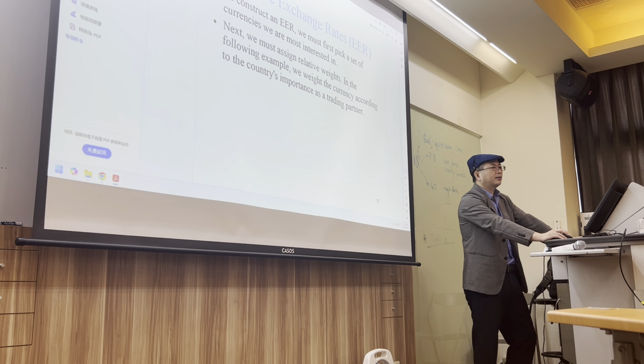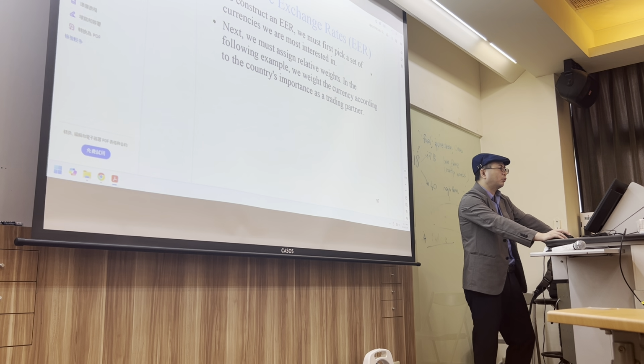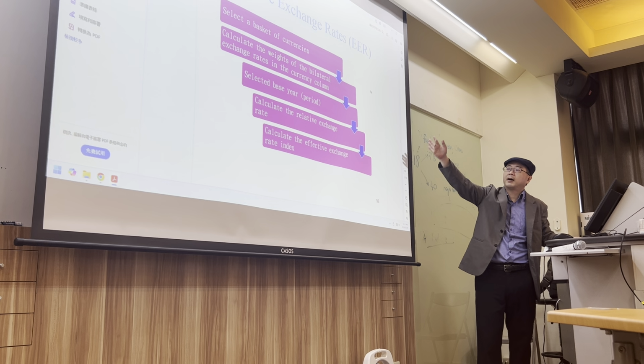And here are the steps to construct this measure, okay? First, we must pick a set of currencies that we are most interested in. Next, we must assign relative weight. In the following example, we weight the currency according to the country's importance as a trading partner using the total trade volume with Taiwan. Okay. So here are the 5 steps.